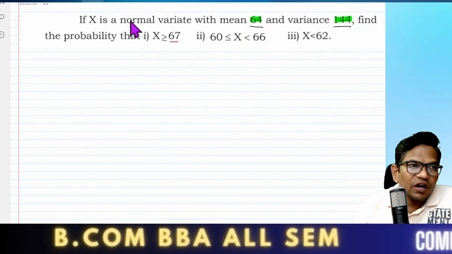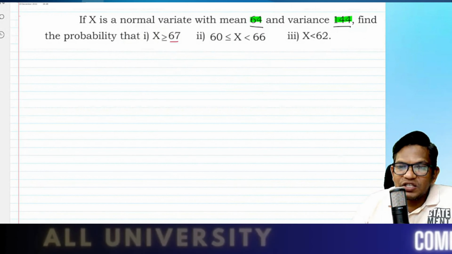All right, students. So guys, last class I told you the solution. Z is equal to X minus mu divided by what? The standard deviation.